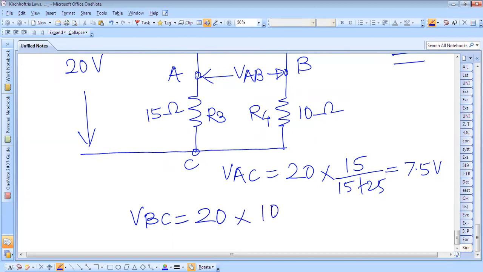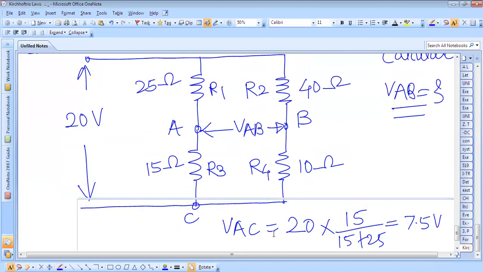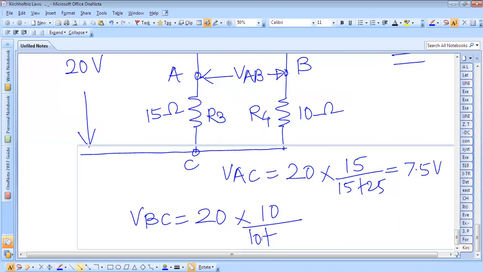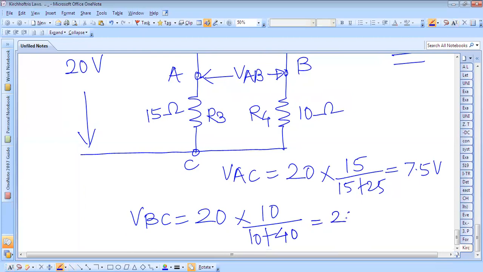So this is 10 divided by 10 plus 40. So it is 4 volt. Okay. So now we have got here VAC is equal to 7.5 volt and VBC is equal to 4 volt.